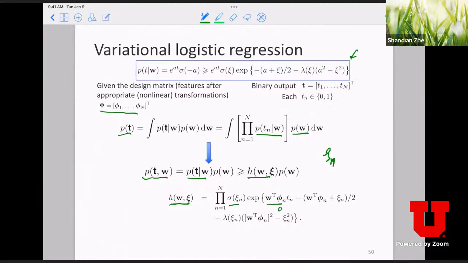Here this is A_n, instantiating A by its form. You can see that in this exponential term, they're all Gaussian-like with regard to w.